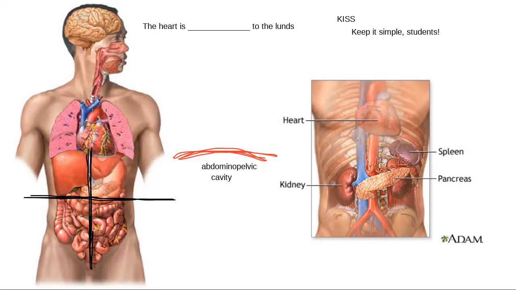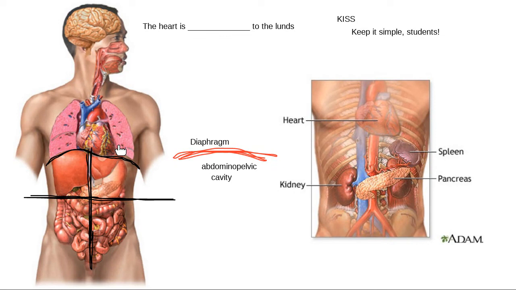Yeah, absolutely. The diaphragm. Everything that is below the diaphragm. So here they kind of took it out, didn't they? Let me draw my little diaphragm. Everything below the diaphragm we can label or talk about in this quadrant system. Everything above the diaphragm is not part of this quadrant system.